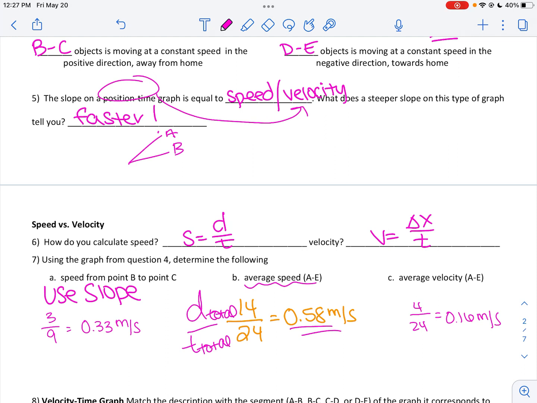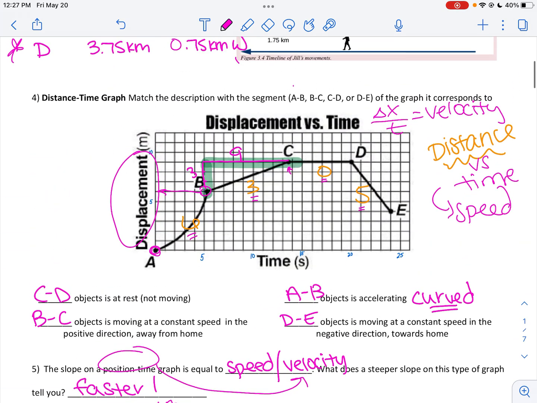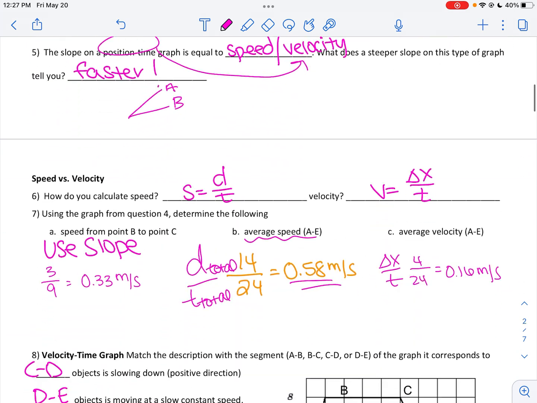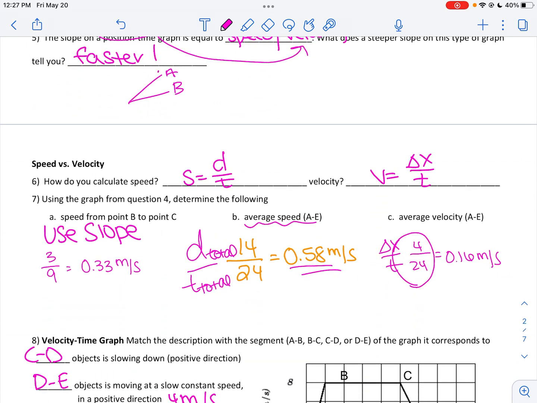For average velocity, I need the total displacement, delta x, divided by time. So I came back up here and I said, well, I started at 0 and I finished at 4. So I need to take the final minus the initial. So 4 minus 0 gives me 4. Still going to take me the same time, 24 seconds.